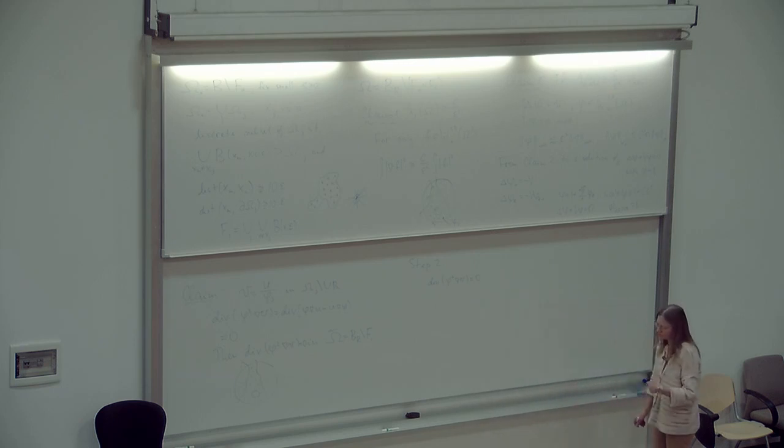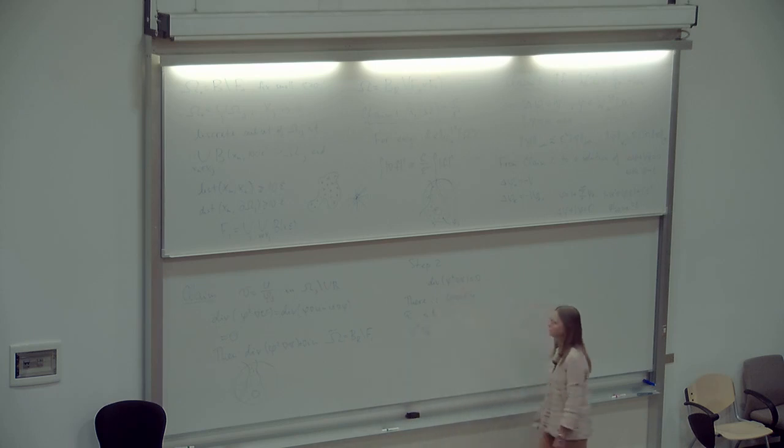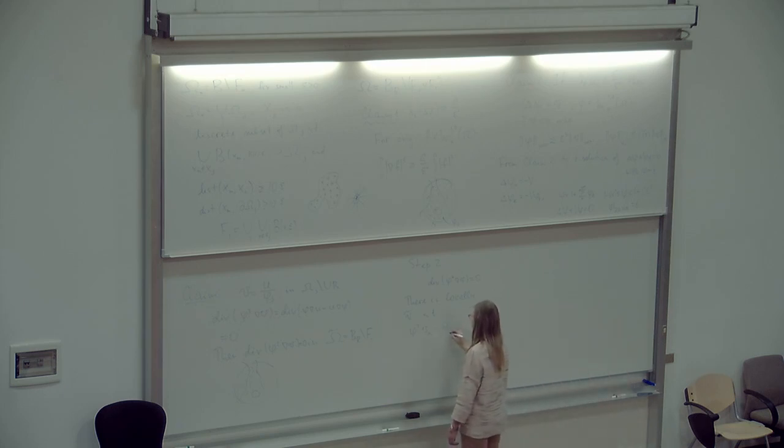We know that each closed form is exact in a ball. So I can find a function v tilde, at least locally, such that the derivative in x of this one is v tilde y, and phi squared times the derivative in y is minus v tilde x.